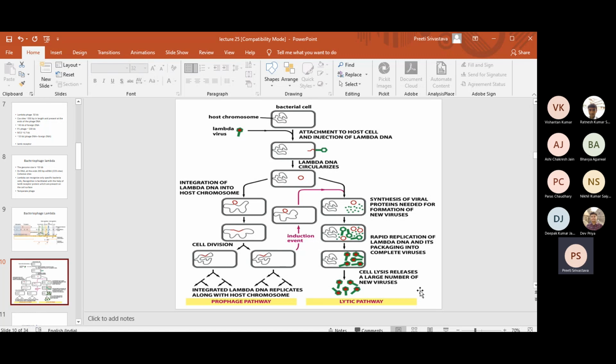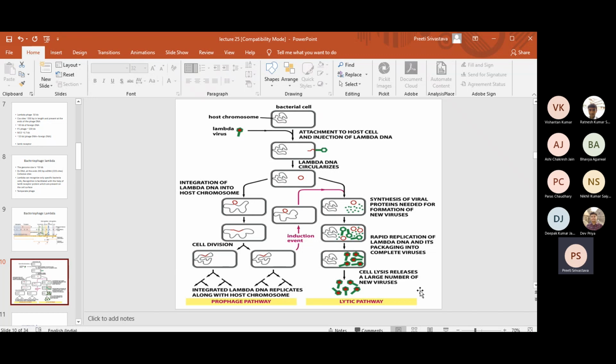On the other hand, on the left side is the lysogenic cycle. In this case, instead of switching to the lytic cycle, the lambda DNA gets integrated in the host chromosome. Now the question is, where exactly can it integrate? Can it integrate anywhere in the chromosome?